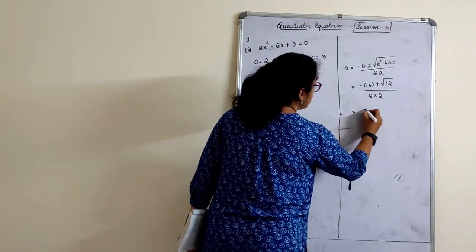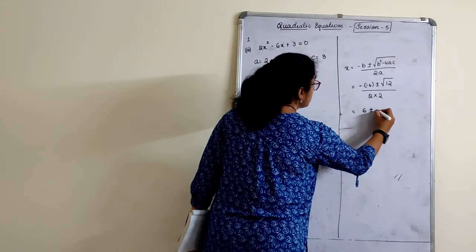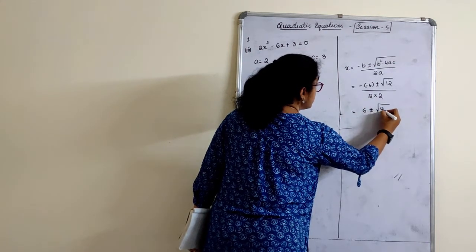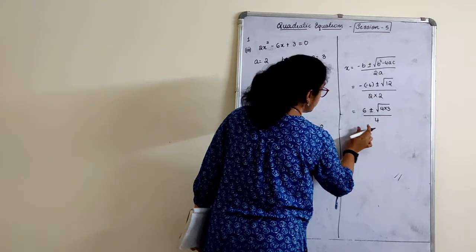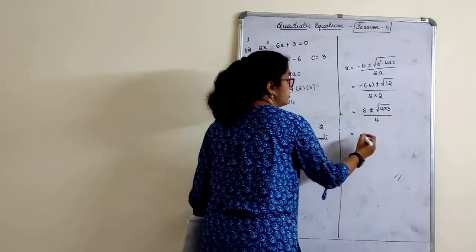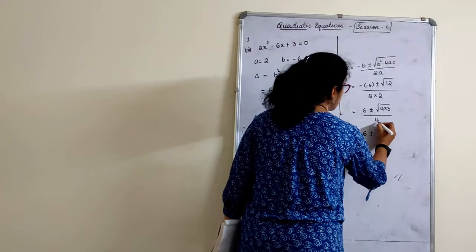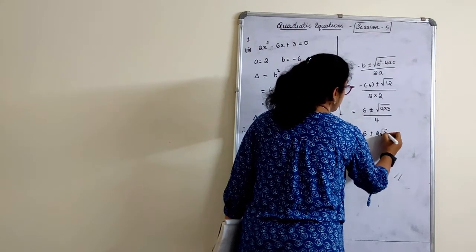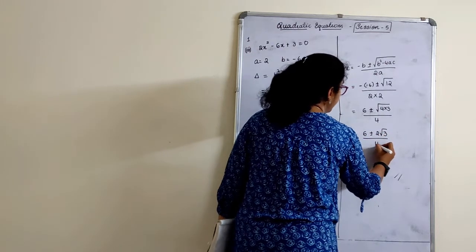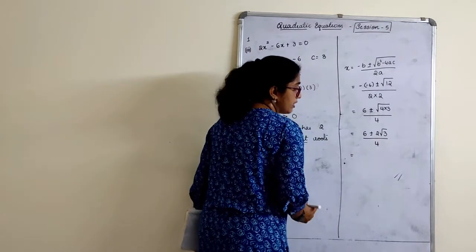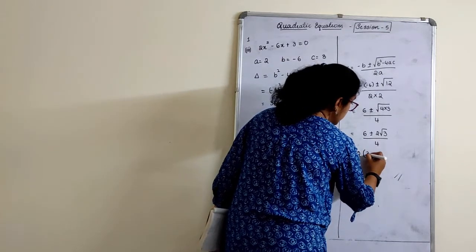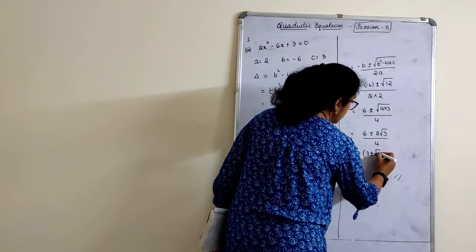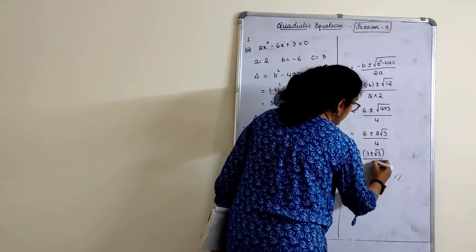So minus minus plus 6 plus or minus root 12 can be written as root of 4 3s, divided by 4, is equal to 6 plus or minus 2 root 3 divided by 4. What can you take common here? You can take 2 common if you want now. 2 3s are 6 plus or minus root 3 upon 4.